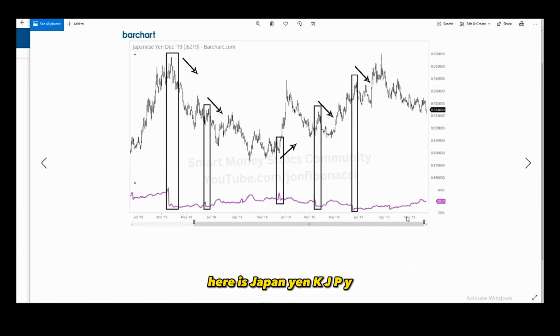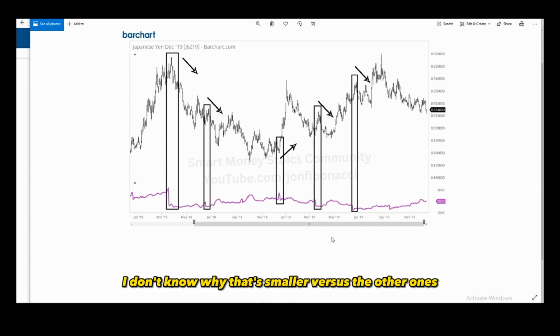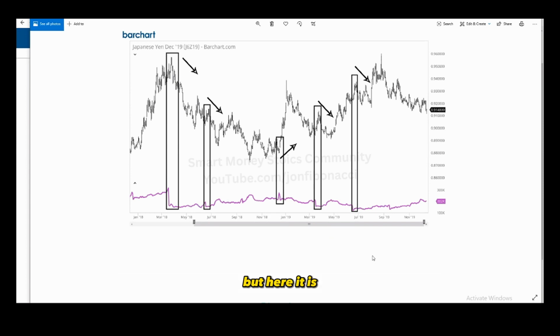Here is Japan yen, JPY. I don't know why that's smaller versus the other ones, but here it is. Drop in open interest, and it rose pretty rapidly. I don't know why I've got the down arrow there. That was silly. The decrease in open interest here led to this really big rally on the yen.